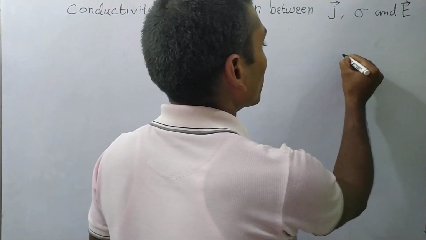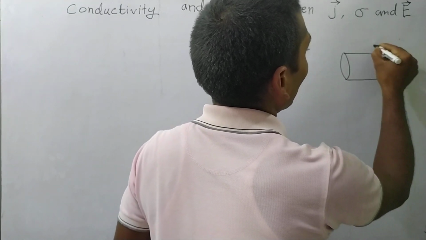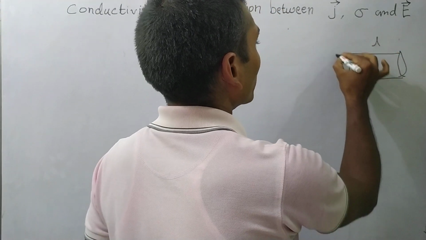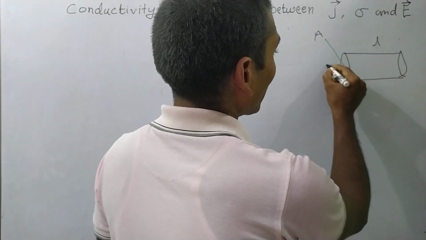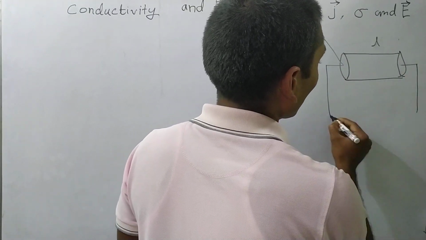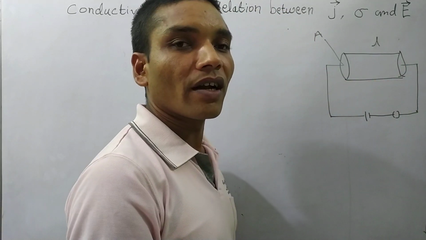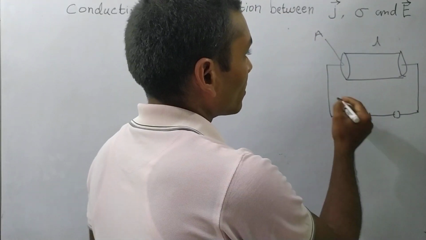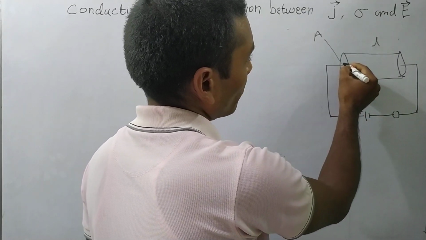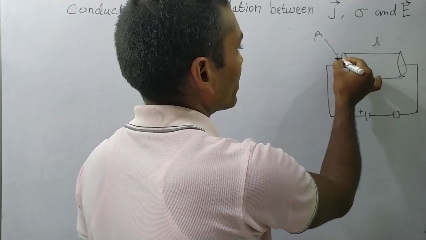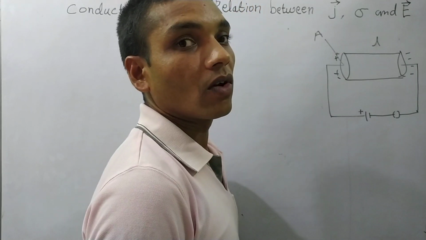Let this be a conductor of length L and cross-sectional area A. When an electric potential difference is applied across the terminals of the conductor, then because this end is connected to the positive terminal of the battery, positive potential will be developed here and negative potential will be developed here.